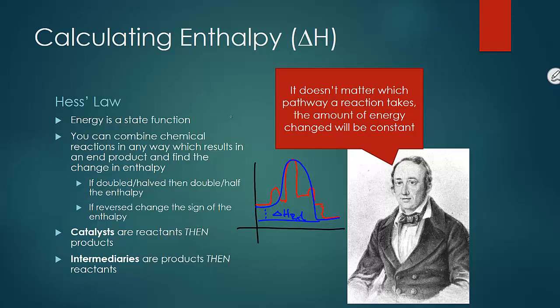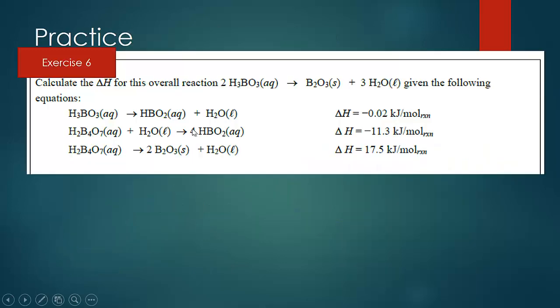In the end, the change in enthalpy for the reaction is going to be a state function. So when we have to determine the enthalpy of a reaction using Hess's law, you'll be given a number of equations, and you have to order them in such a way that you end up with the overall reaction that the problem is looking for.